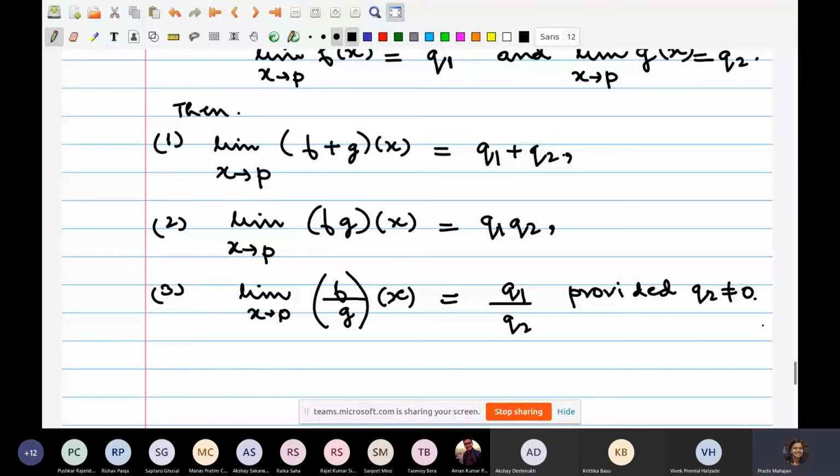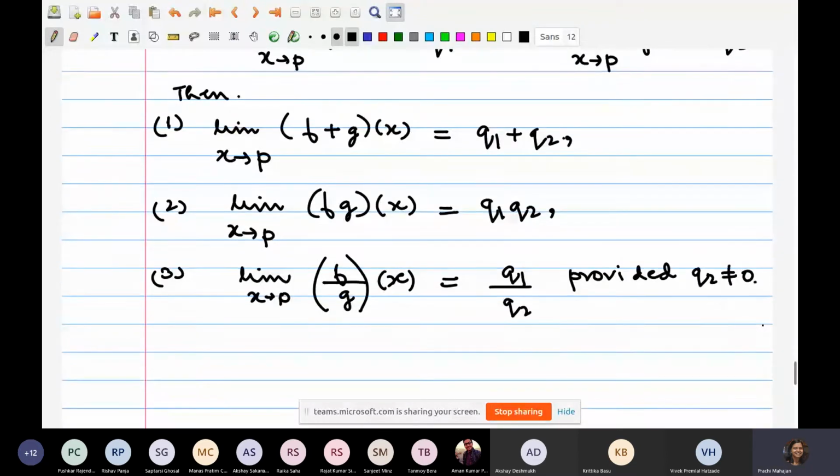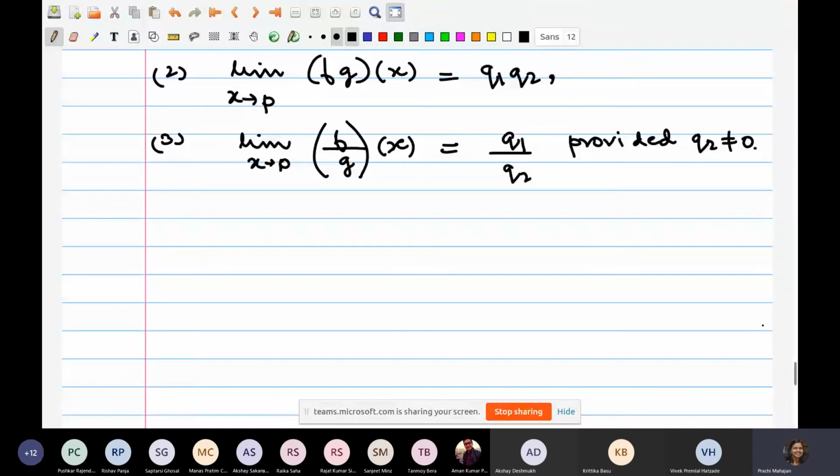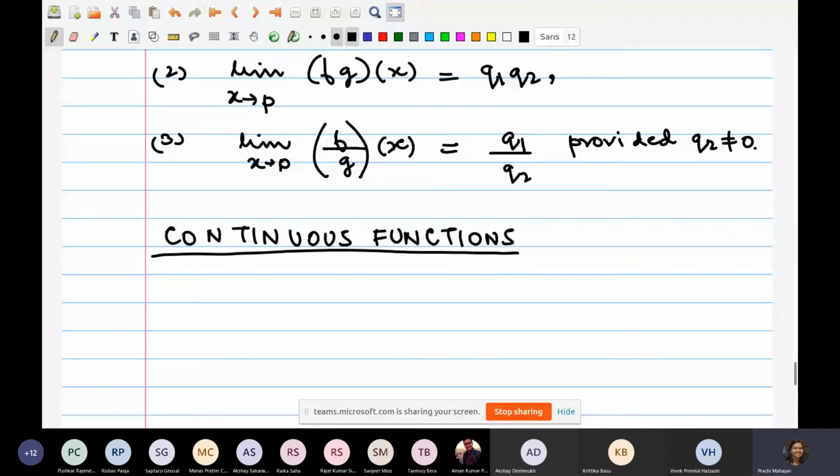Okay. So in that case, having defined limits of a function, we are now in a good shape to talk about continuous functions. Continuous functions between two metric spaces.